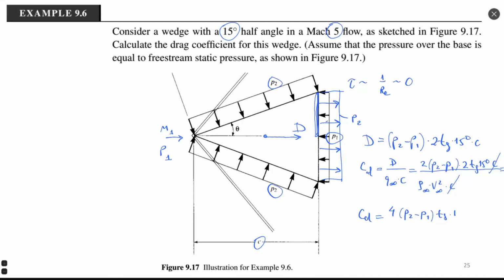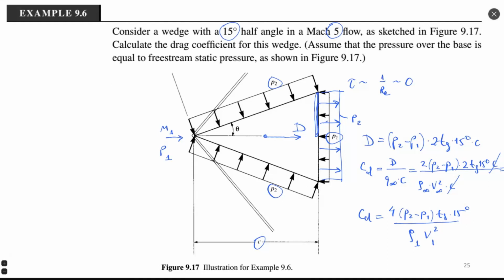tangent of 15 degrees divided by rho. We don't have infinite, we have just parameters on 1, right? Rho 1 velocity, sorry, 1 squared.